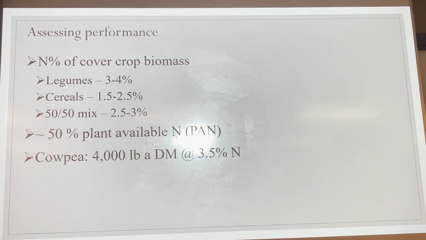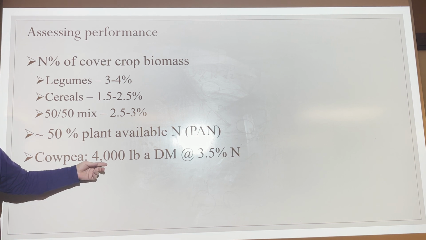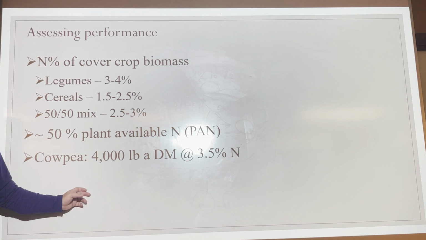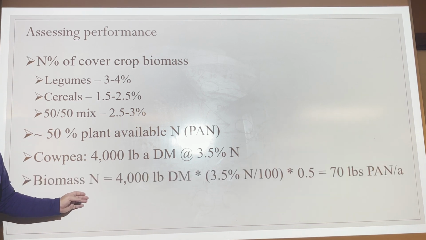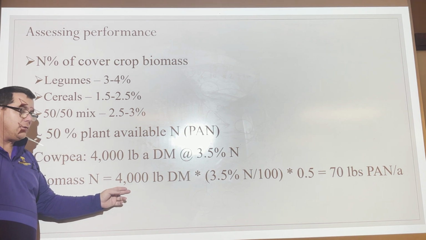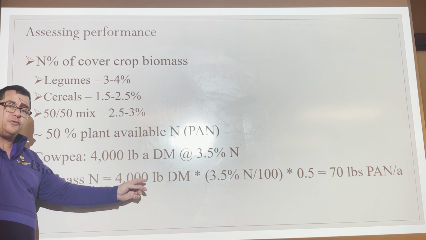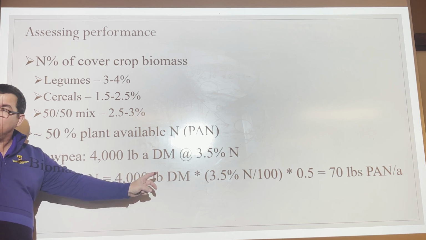So if we have a cover crop that has 4,000 pounds per acre of dry matter at 3.5% nitrogen, how much nitrogen is available in this plant? So we take 4,000 times 3.5% divided by 100, so this is going to be a decimal.